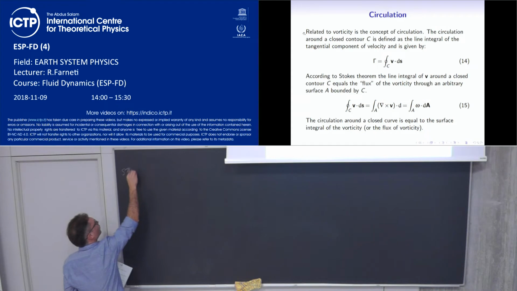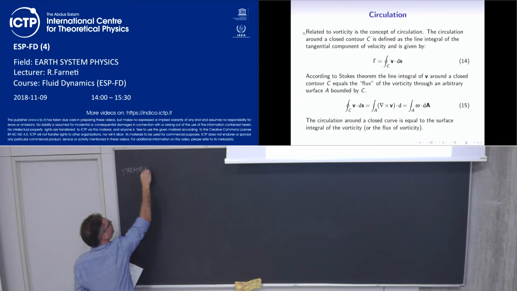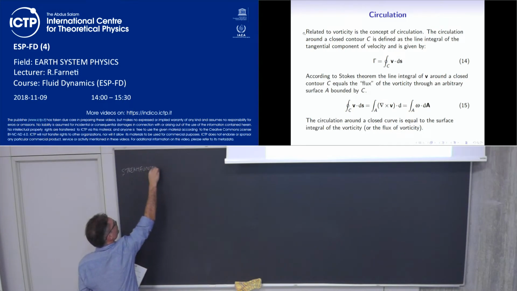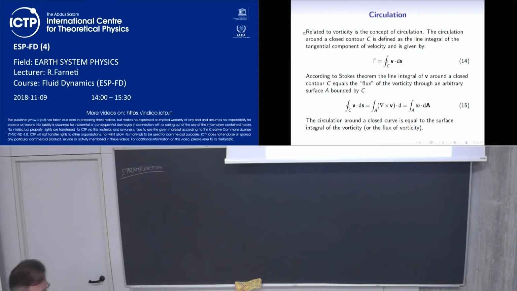It has a lot of practical uses. It is very useful because if you want to depict the motion of the fluid, for example in a two-dimensional case, the stream function is giving you a lot of information on the fluid.